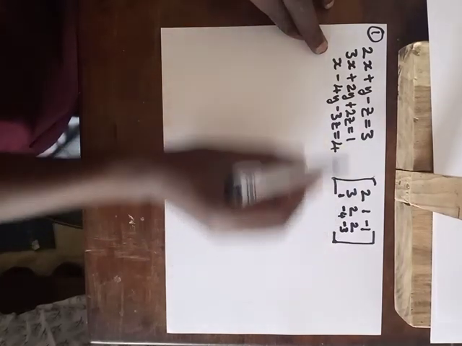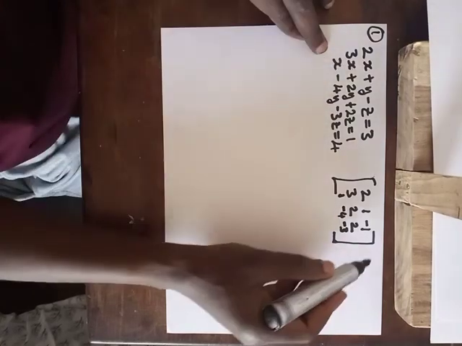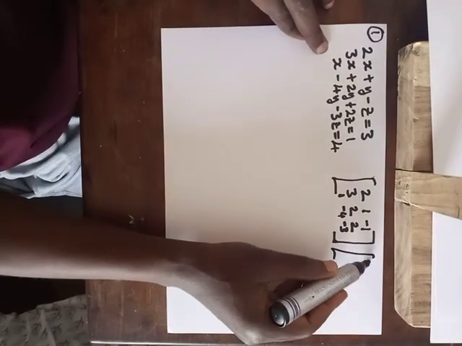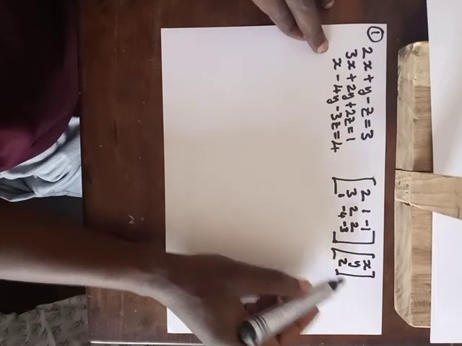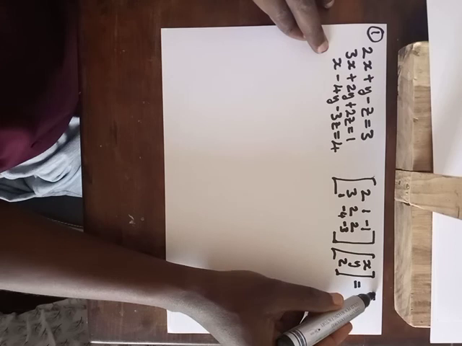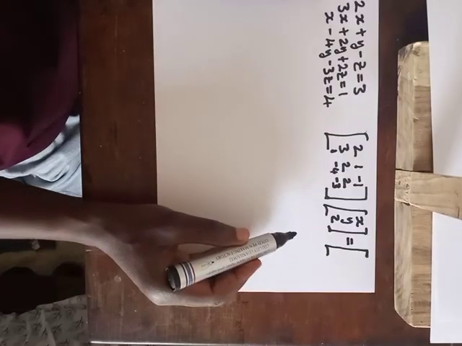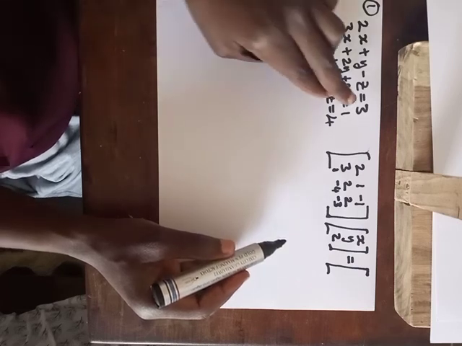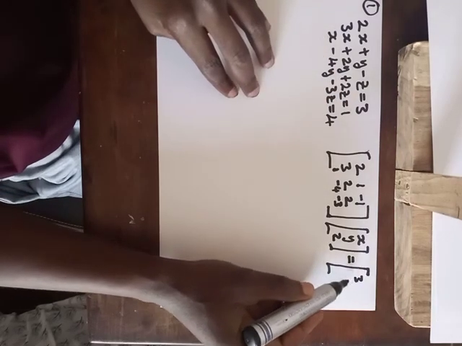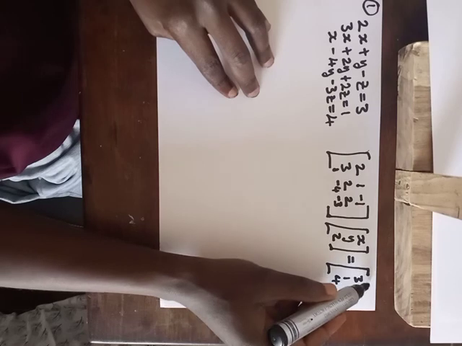All these are multiplied by x, y, z. And the answer we get after we multiply all these is 3, 1, 4. So you write your 3, 1, and 4 in that manner.